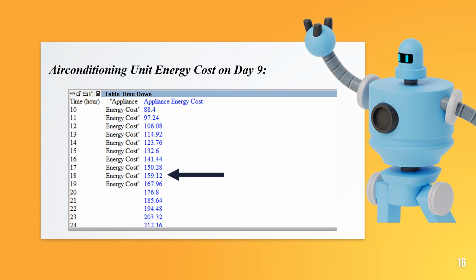So 18 hours for 9 days. And we use this table and time function of Vensim to see the time and the appliance energy cost. So we basically look for the time 18 and then look at the appliance energy cost on the 18th hour, and that is equivalent to 159.12 pesos. So that is the total appliance energy cost on the 9th day of use, given that it is being used for 2 hours per day.